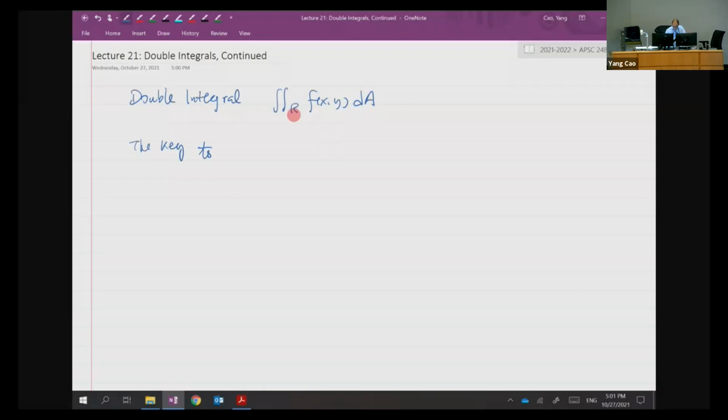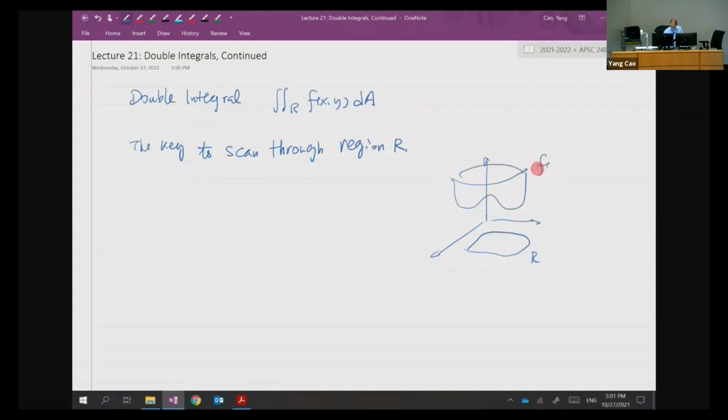For a double integral, the key is to scan through region R. Region R is over here, and you have a certain function on the top. Let's take a look at a few examples and see how the scanning works.